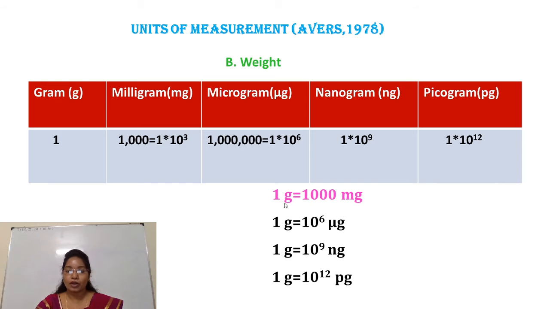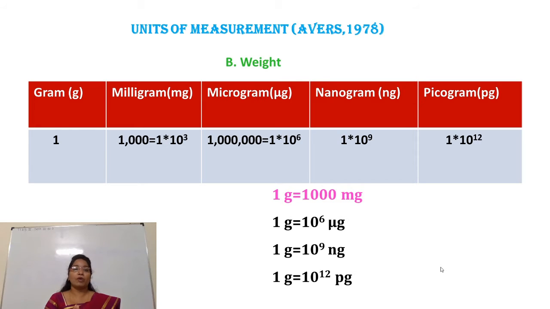In short, 1 gram is equal to 1000 milligram, 10 to the power 6 microgram, 10 to the power 9 nanogram, and 10 to the power 12 picogram.